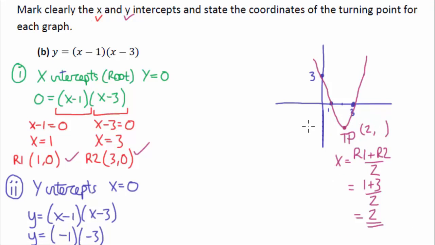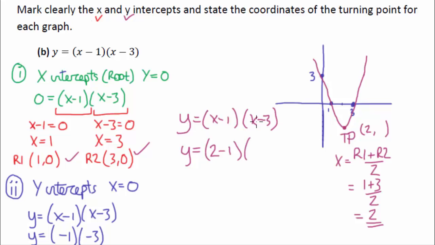But we still need to work out the y value. We know the x value for it, so we can just say y equals x minus 1, x minus 3. So this is us working out the y value. I'll try and write a bit neater and not make these mistakes. Right, so y equals, x is 2, so that's 2 minus 1, 2 minus 3.